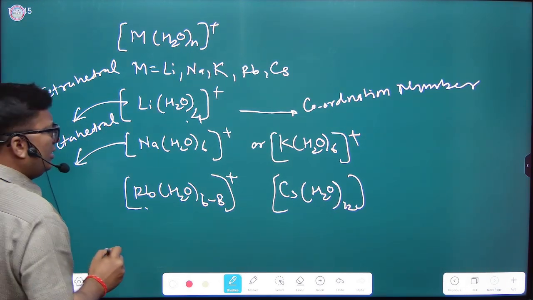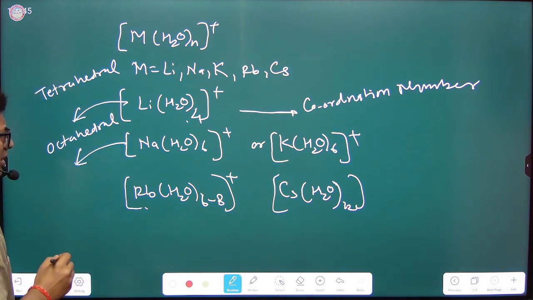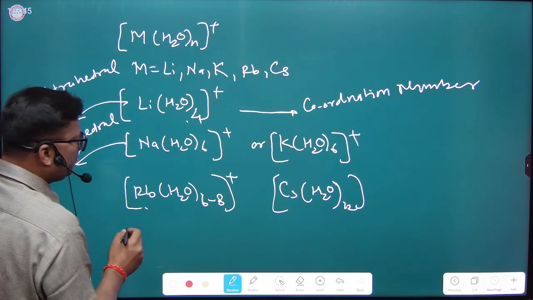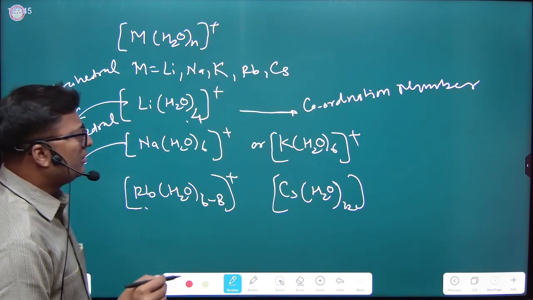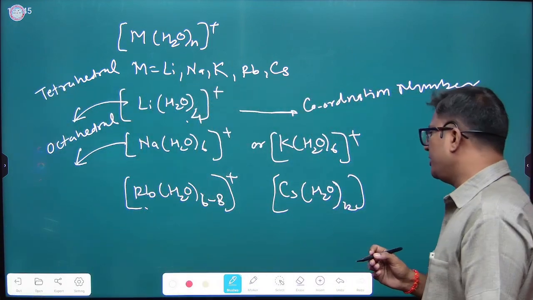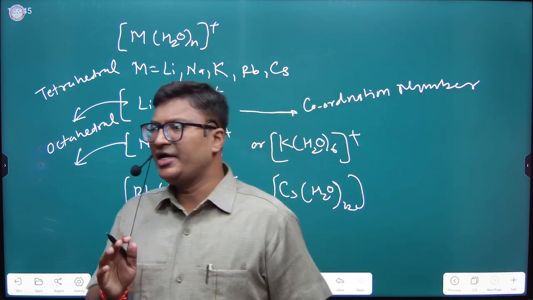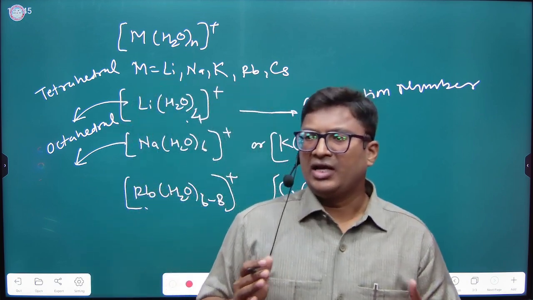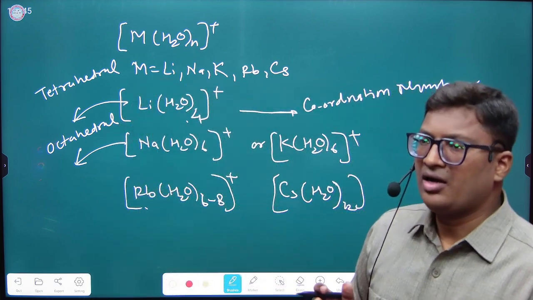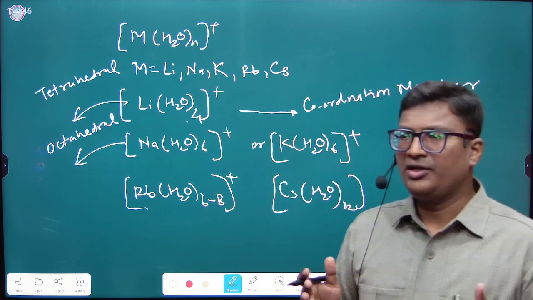If the coordination number is 7, then square prism, and if the coordination number is 12, then higher order geometries are possible. So depending on the hydration number or the coordination number, we can get different types of geometry in alkali metal chemistry.